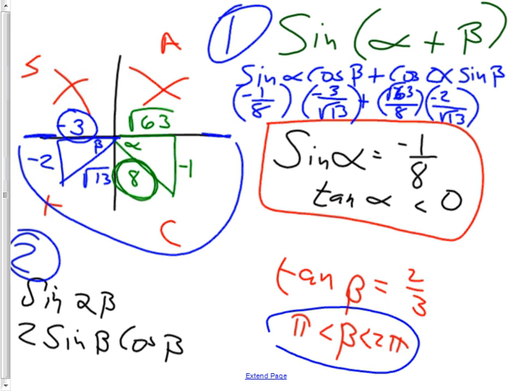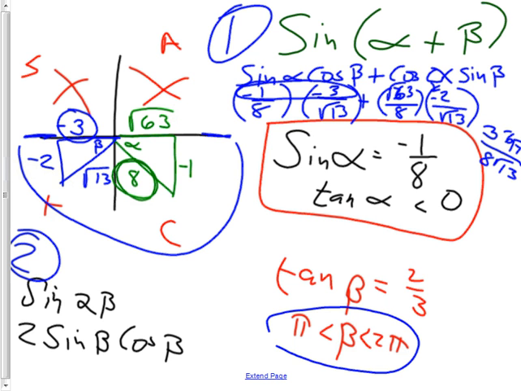Root 63 is 9 times 7, and therefore 3 root 7, and you times that by the negative 2. Final answer: this part is 3, then it's minus, because there's a negative right there, 6 root 7, all over the denominator, 8 root 13.